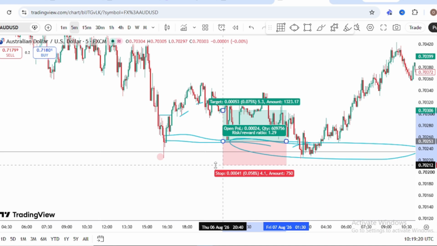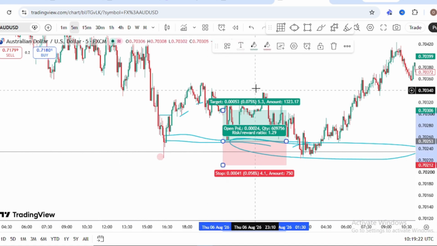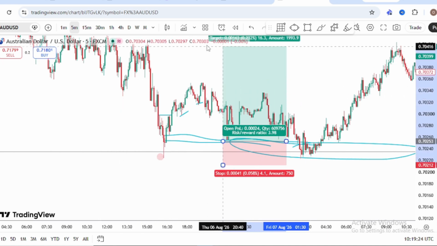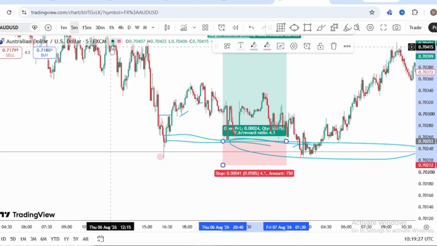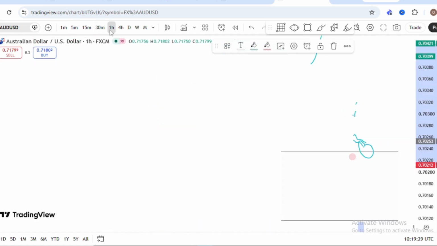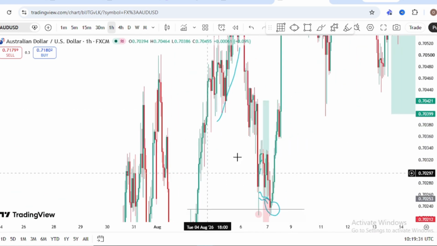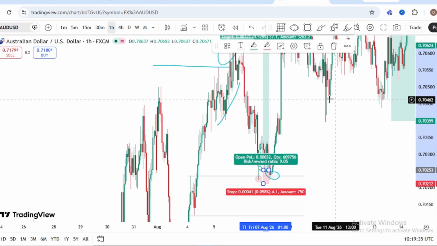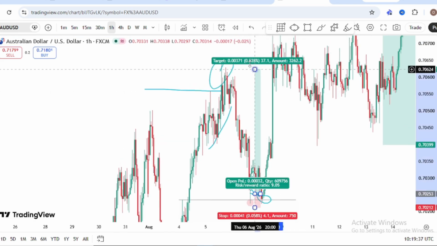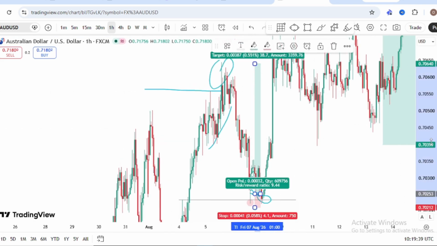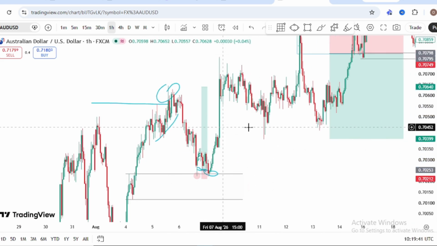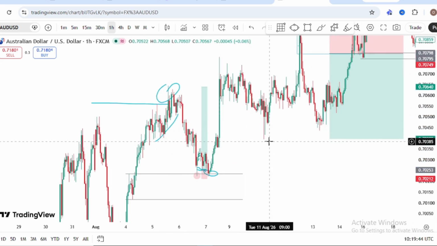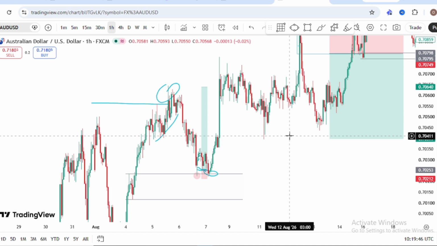Put the stop loss slightly below the low of the lowest candle and target the swing high of the higher time frame, which is 1 hour, here, and target the swing high here. As you can see clearly, this is a winning trade because we followed our rules.